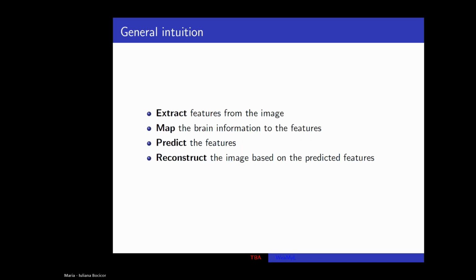Okay, so to give a general intuition about this topic, we normally cannot directly map information from the brain to raw pixels. So we at first have to extract features from the image. Then we map the brain information to those features. We predict those features, and then we want to reconstruct the image based on the predicted features.